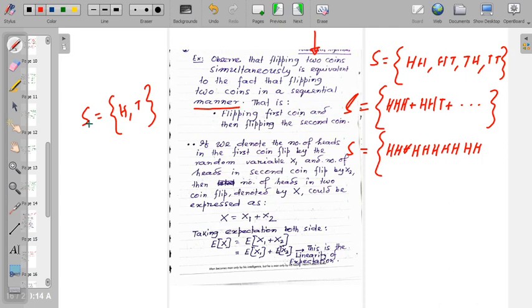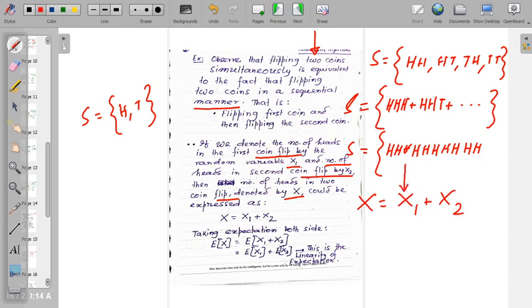Here we denote the number of heads in the first coin flip by X1, this random variable. I am taking each coin flip separately in isolation. And the number of heads in the second coin flip by X2. Then the number of heads in two coin flips is denoted by X and can be represented as X = X1 + X2.